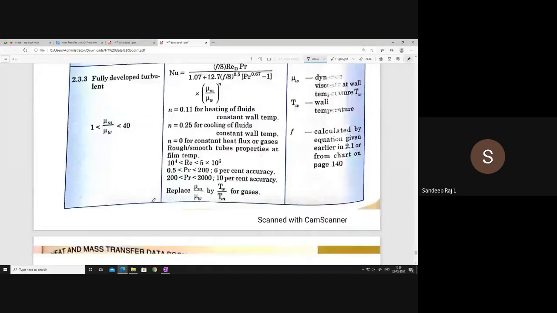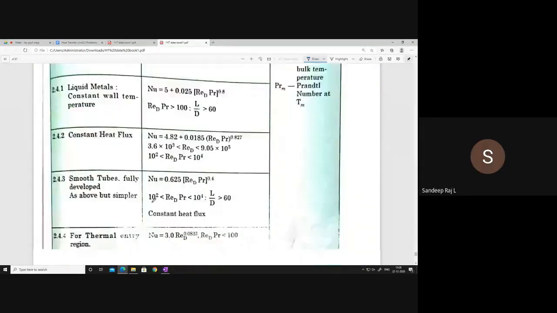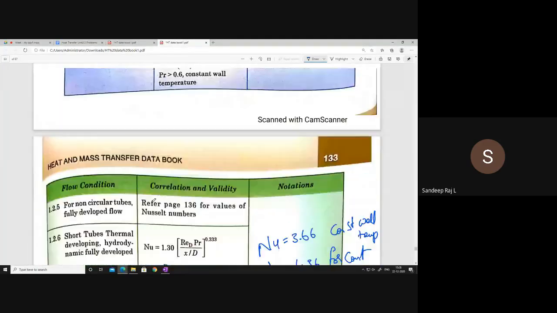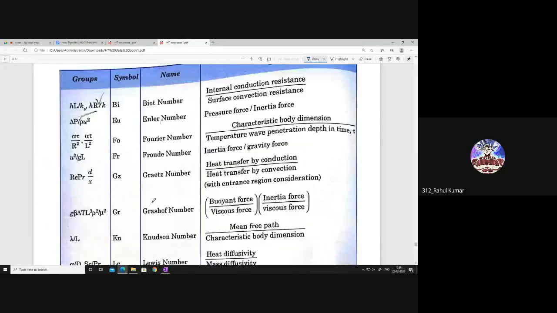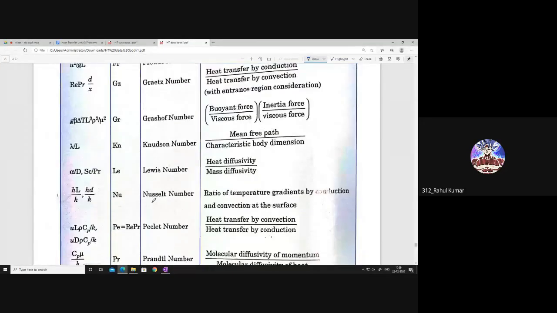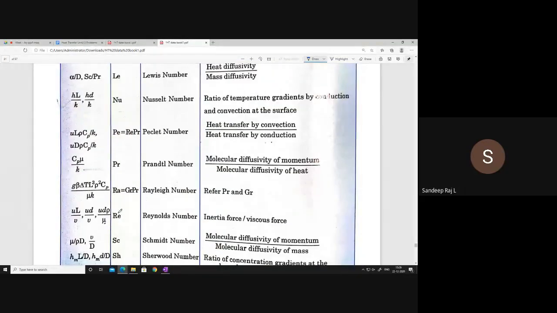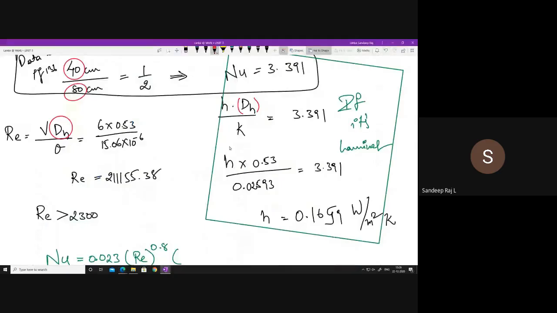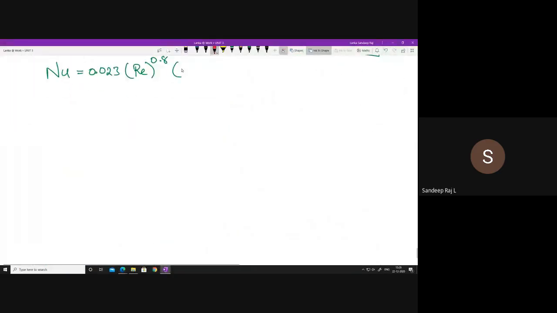Tell me, what is your question? Reynolds number has so many formulas. Which formula you have to use is your question basically. Reynolds number is equal to... Let me answer this question. This is actually a very good question. I must have covered this. Give me a minute, I'll cover it.